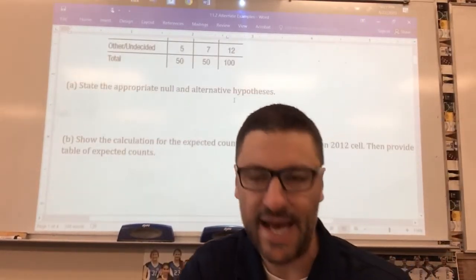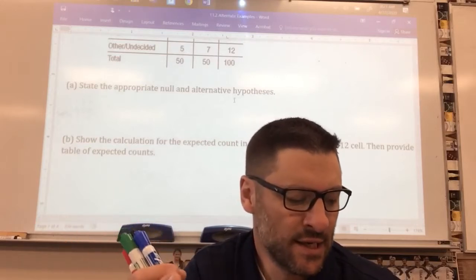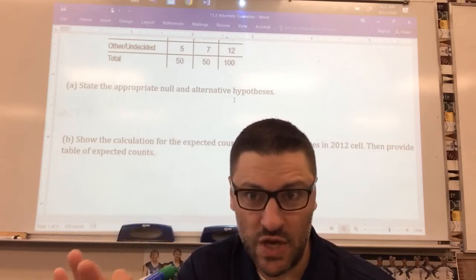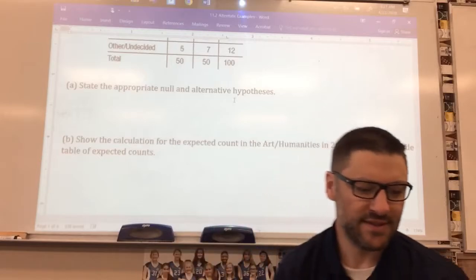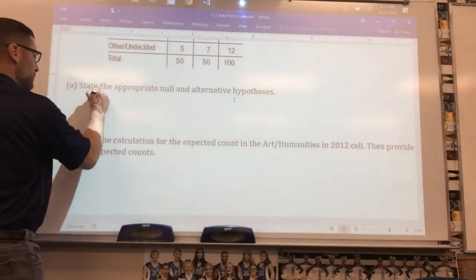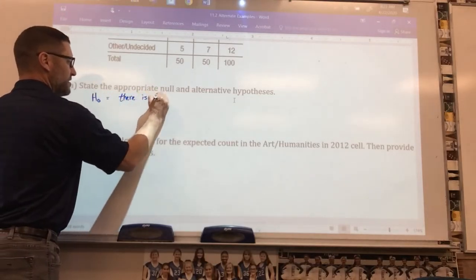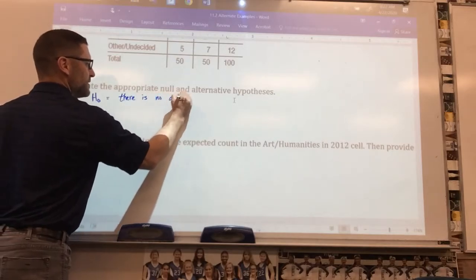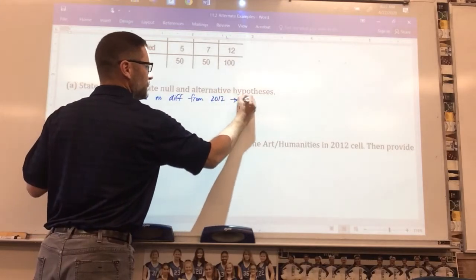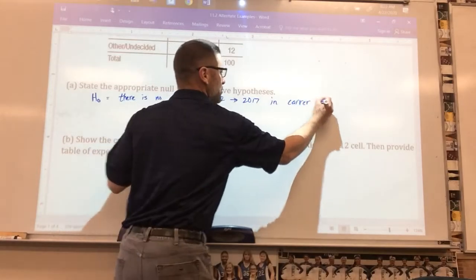So this problem is asking, as time progresses, is there a change in career choices? So our null hypothesis would be there is no change, and our alternative hypothesis would be that there is a difference. So H0: there is no difference from 2012 to 2017 in career choices.